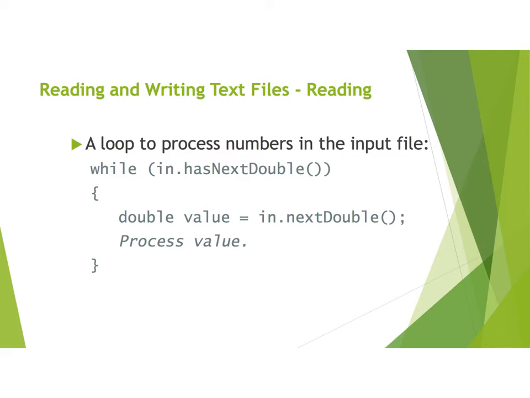We have reached the end of the file. And the next important method from Scanner was nextDouble, which basically parses the text and converts it into a double number.